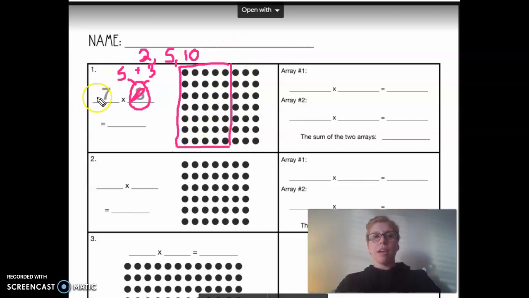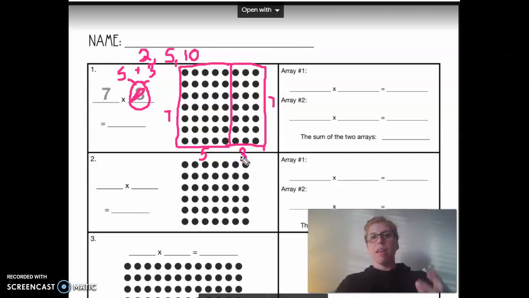Then I've got my second array that matches the second number bond, 7 by 3. So I've got two arrays here. This one is 7 by 5. And this one is 7 by 3.